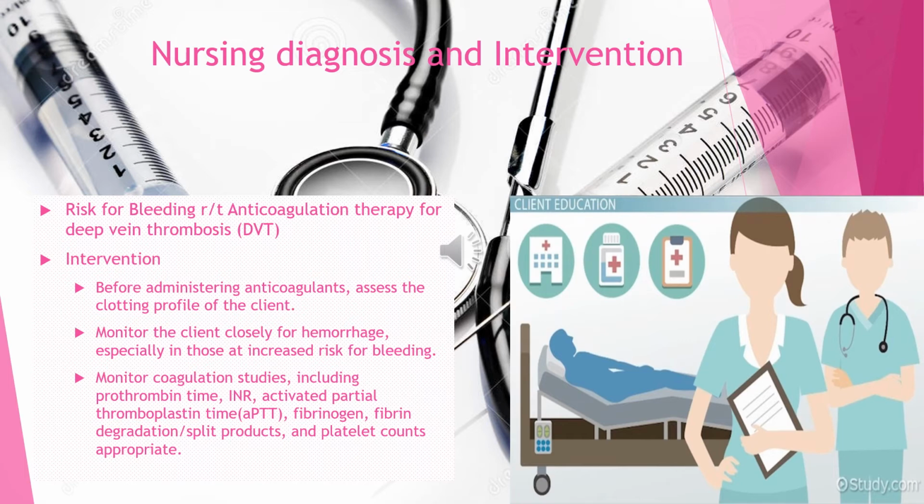Monitor coagulation studies, including prothrombin time, INR, activated partial thromboplastin time, which is APTT, fibrin degradation split product, and platelet counts appropriately. So this is the nursing diagnosis and also the intervention.